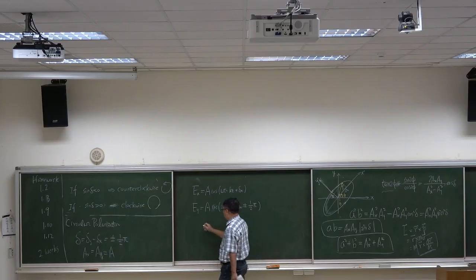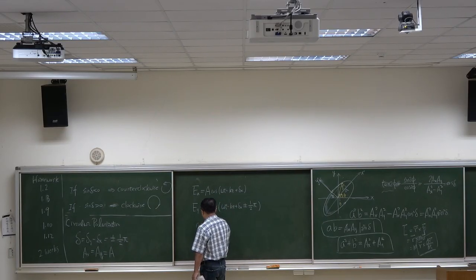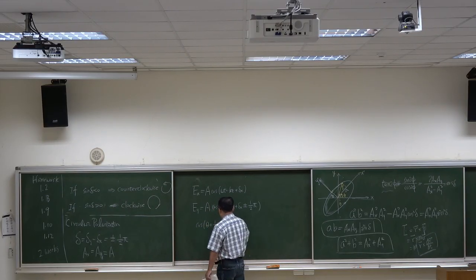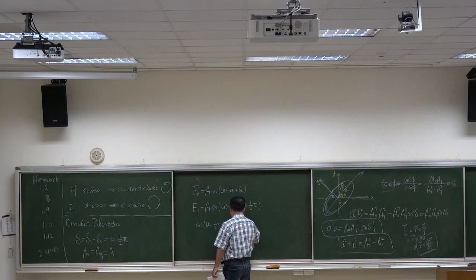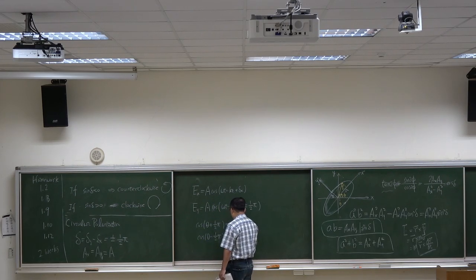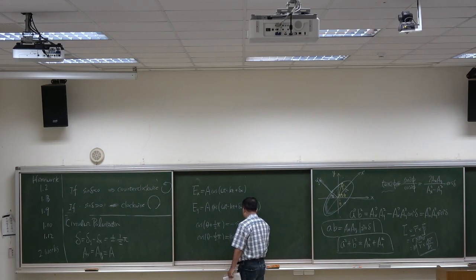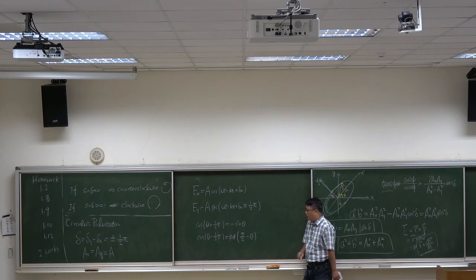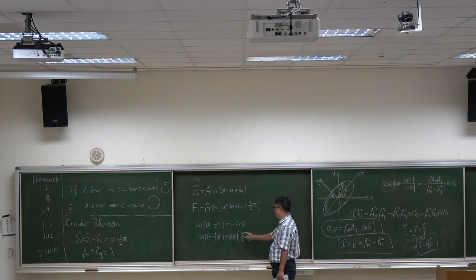We know that cosine theta plus half pi is equal to minus sine theta, and cosine theta minus half pi is equal to cosine half pi minus theta, because cosine is an even function, and this is nothing but sine theta.